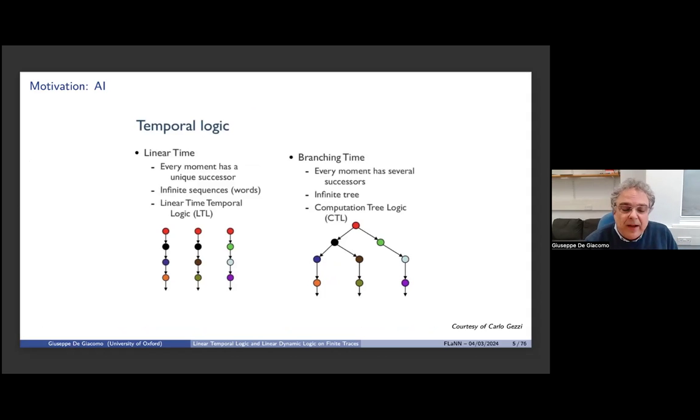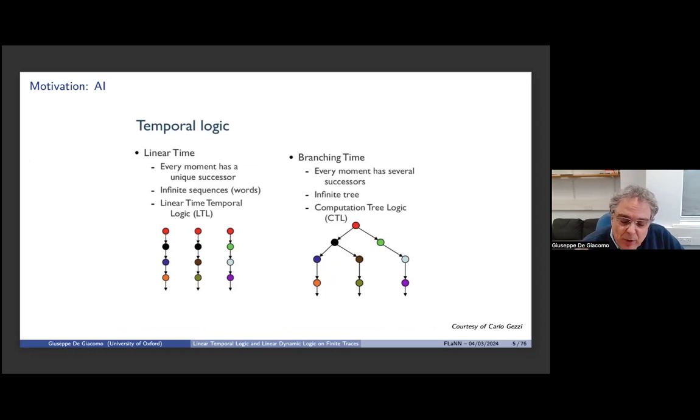So we are working with linear temporal logic. Obviously, there are two big families of temporal logic, the linear time and the branching time. In linear time, we see time as lines, sequences of instants. In each instant, you have proposition evaluations, essentially.